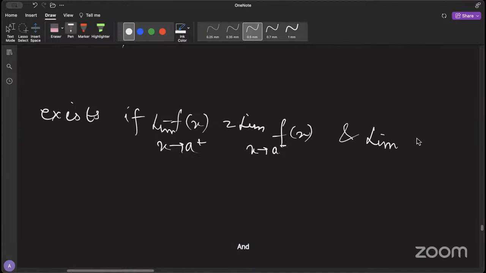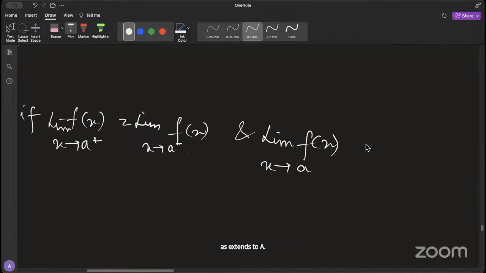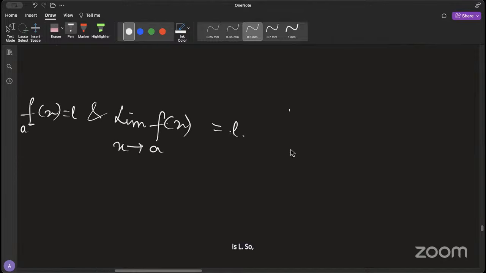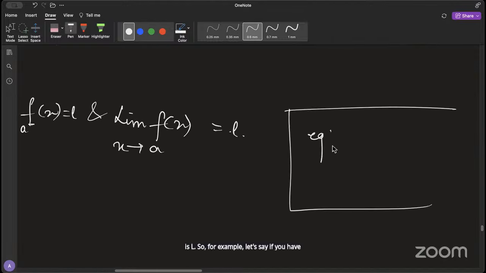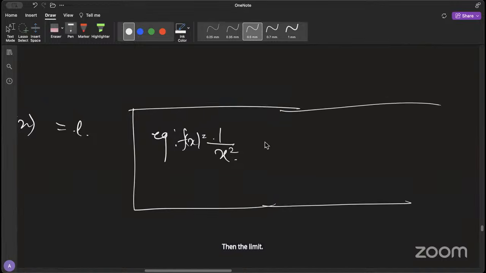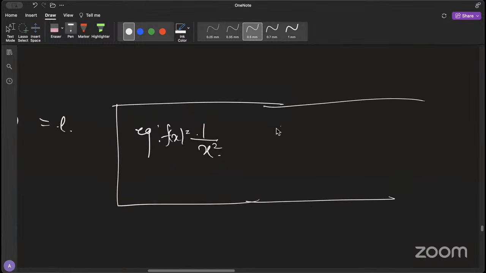The limit of function f(x) as x tends to a is L. So for example, let's say I have f(x) equal to 1 by x square, and I have to find the limit as x tends to 0.